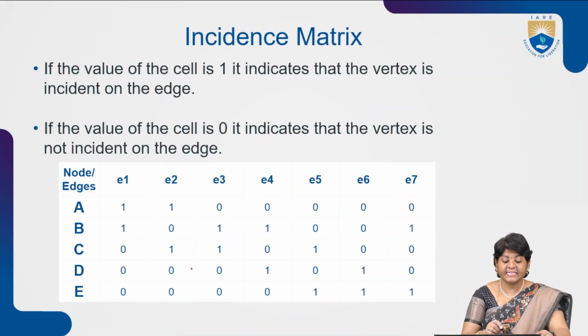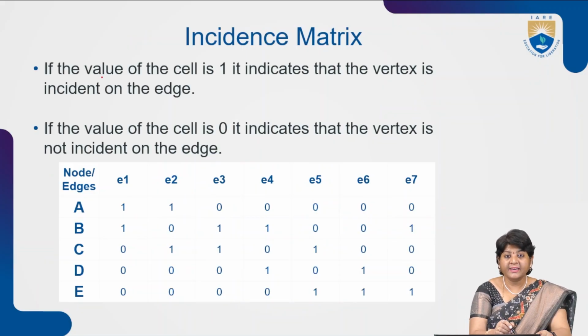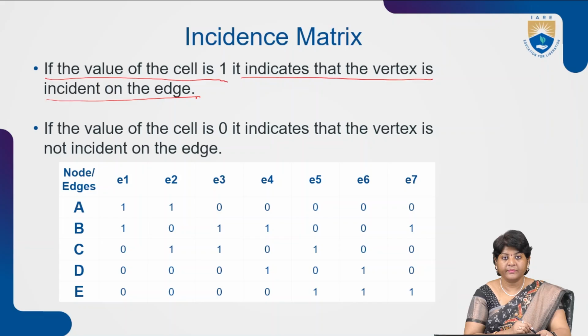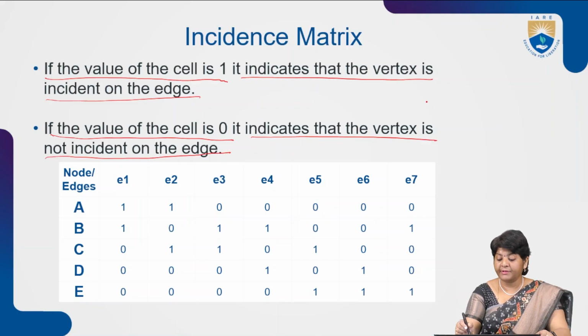So this is the incidence matrix. It is clearly given: if the value of the cell is 1, it indicates that the vertex is incident on the edge. If the value of the cell is 0, it indicates that the vertex is not incident on the edge. We have the graph, right?